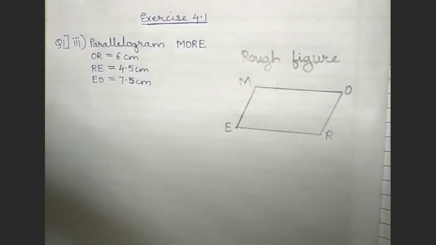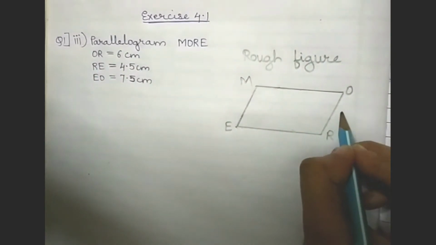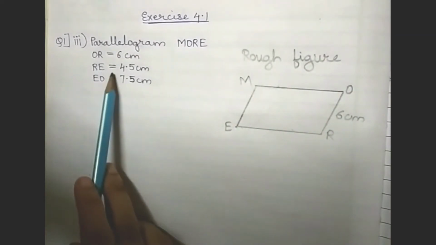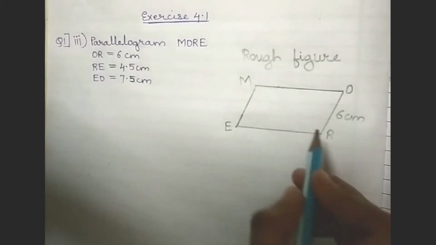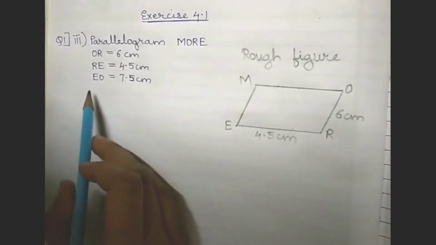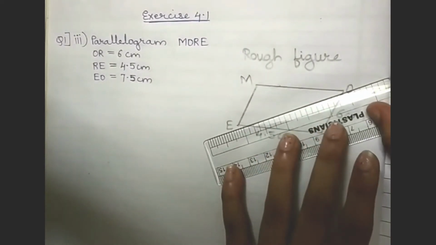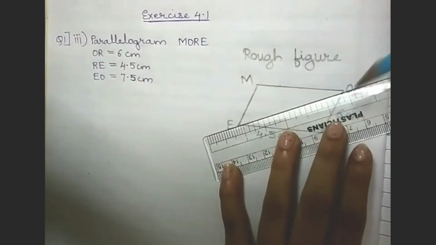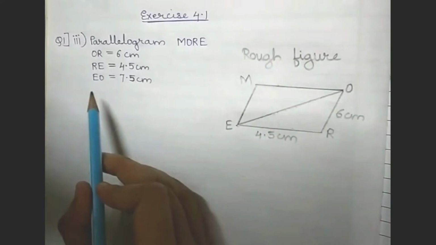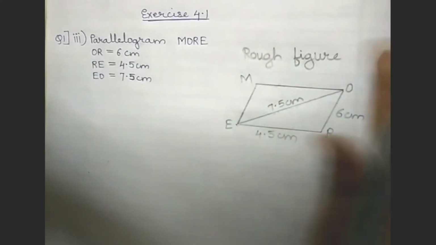Okay, now let us write down the measurements. OR is 6 cm. So this OR will be 6 cm. RE is 4.5 cm. So RE will be 4.5 cm. And EO, measurement of EO is given. EO is a diagonal here. So we will draw a diagonal. And the measurement of EO is 7.5 centimeter.